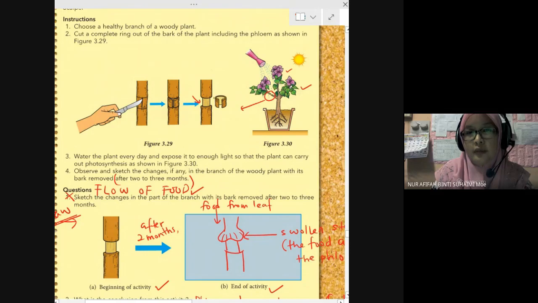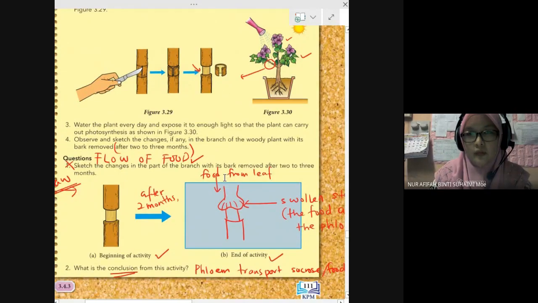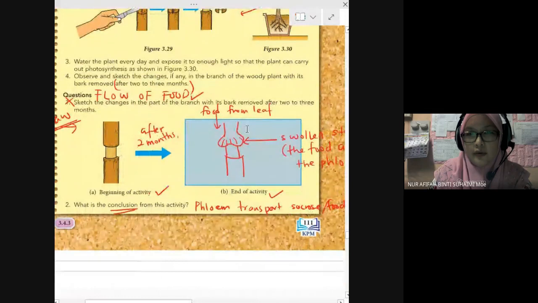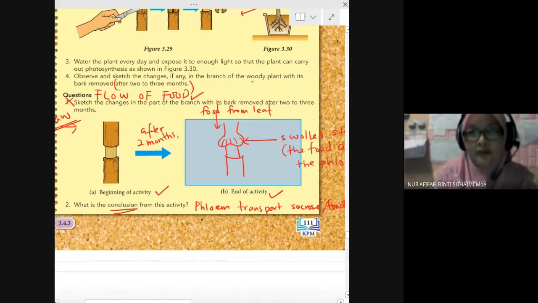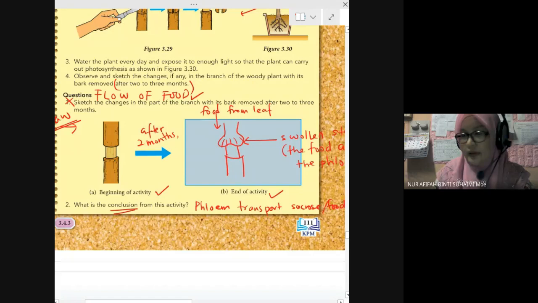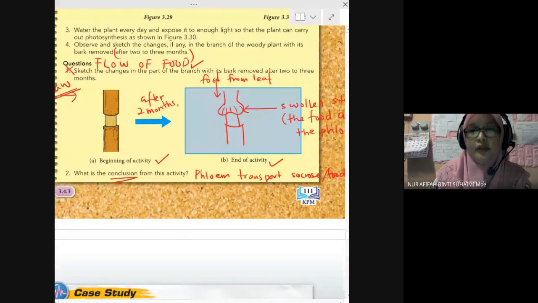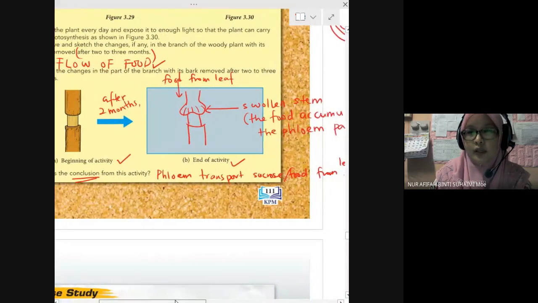Okay, now what happens if we take off the ring of the stem? Take out the ring of the stem. If the bark is removed, after 2 to 3 months, what happened? Sometimes this is in the questions or in the module, they ask you to draw what happened after 2 months.